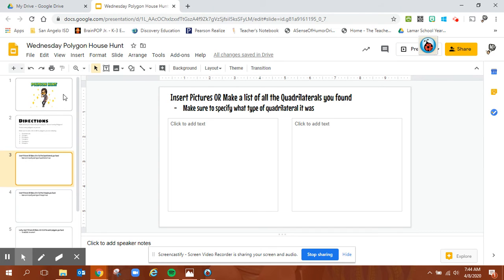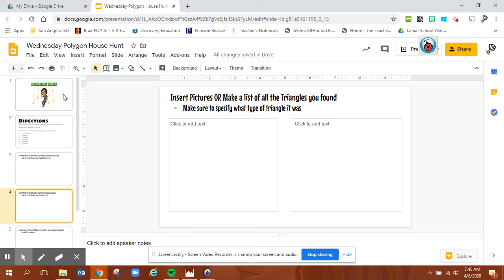If that gave you trouble, no worries. You're just going to make a list of all the quadrilaterals you found. Okay, so again, if I saw the face of my refrigerator is a rectangle, under quadrilaterals, I would put face of my refrigerator, rectangle.